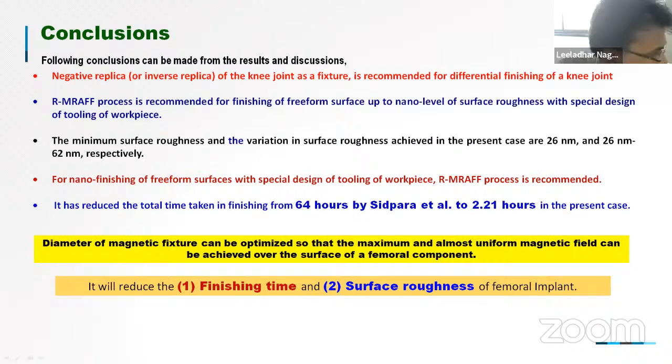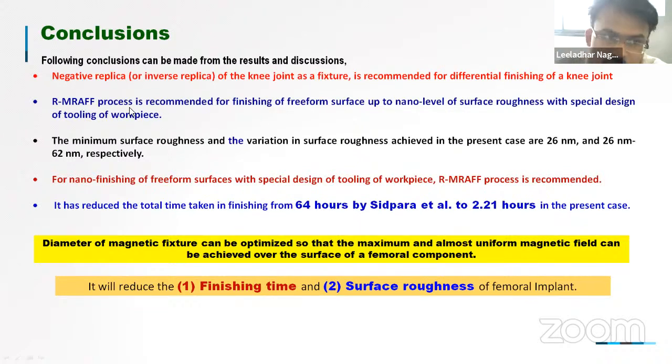The conclusions say the developed negative replica, meaning the particular fixture we have seen through reverse engineering, as a replica of the knee joint, is recommended for finishing. It would be applicable for nano finishing.